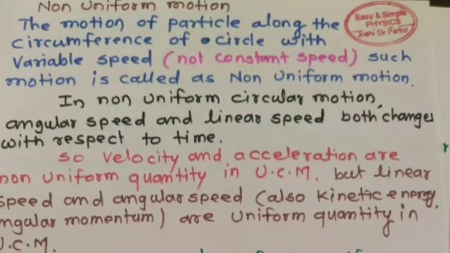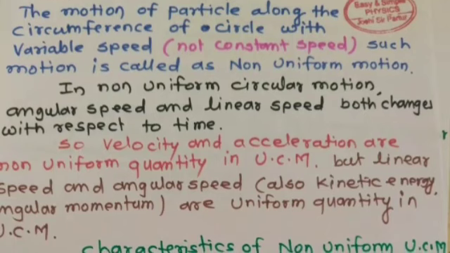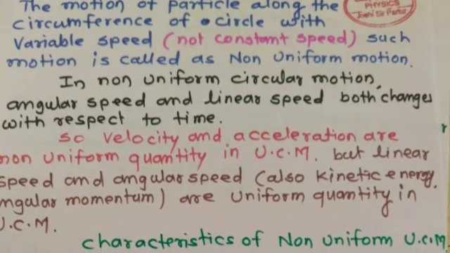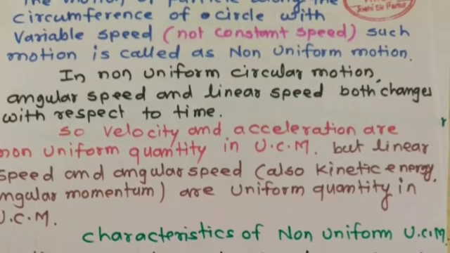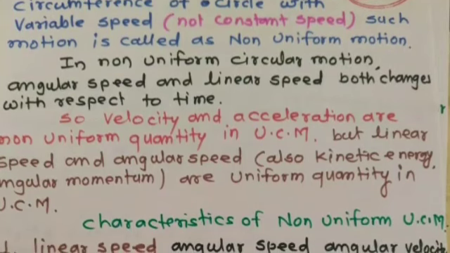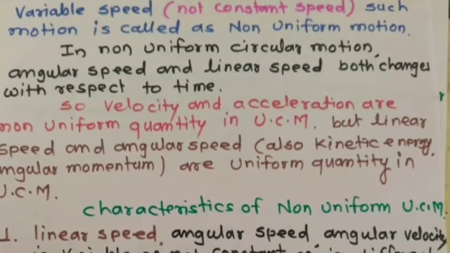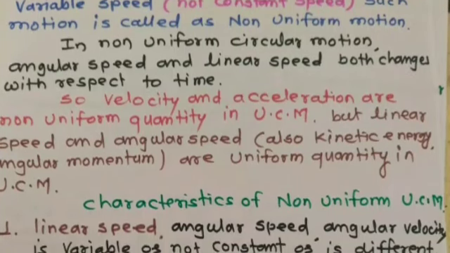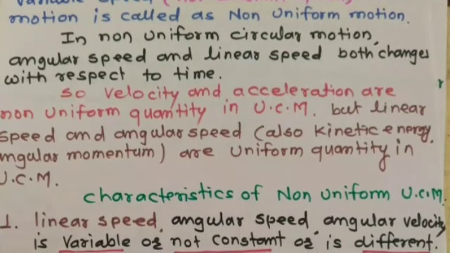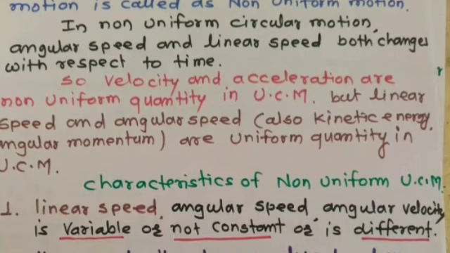In non-uniform circular motion, the particle moves along the circumference of a circle with variable speed, meaning not constant speed. Such motion is called non-uniform circular motion. In it, angular speed and linear speed both change with respect to time.